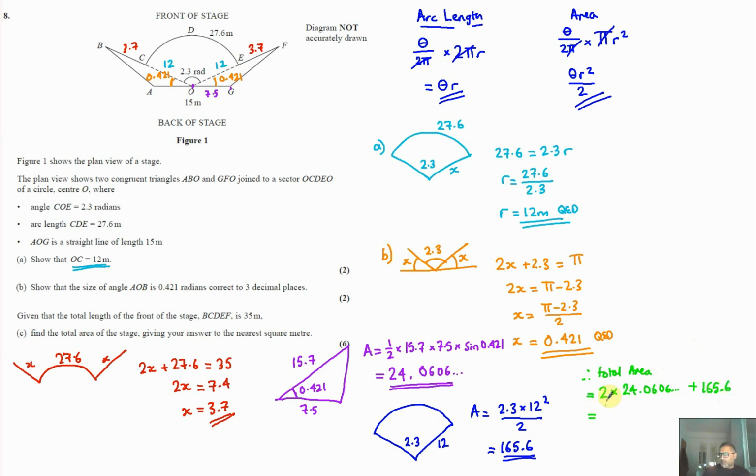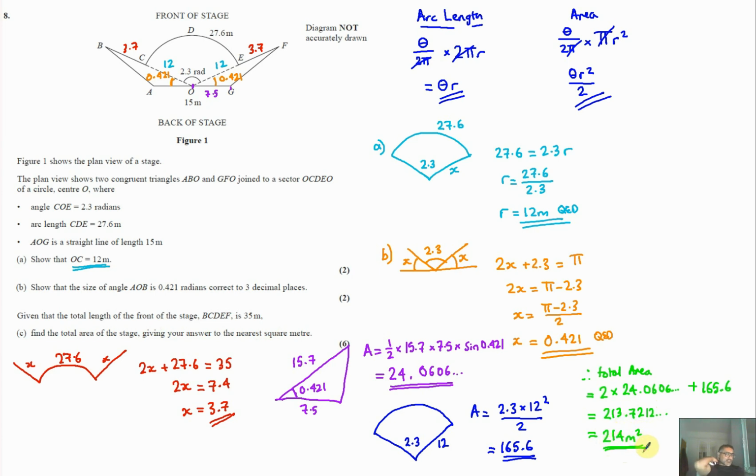And that works out to be a total of 213.7212... which, we need to give it to the nearest square meter. So to the nearest square meter, that will be 214 meters squared.